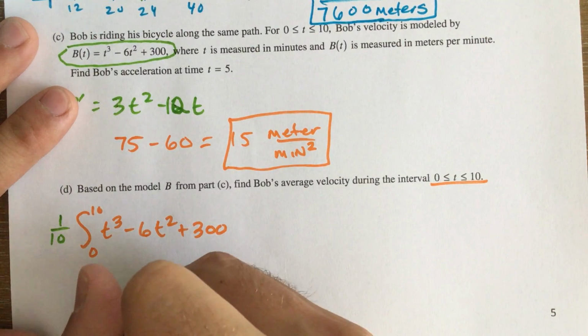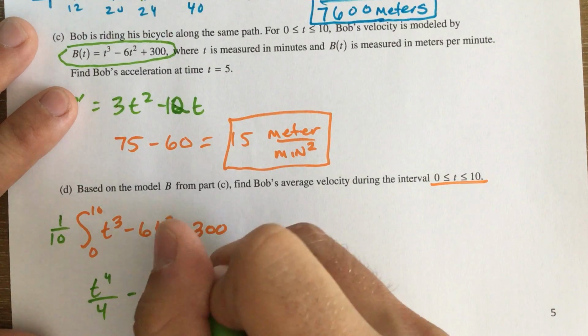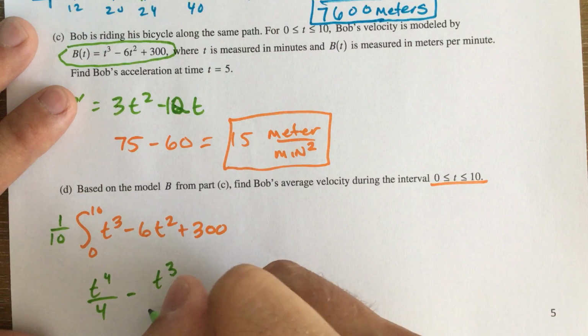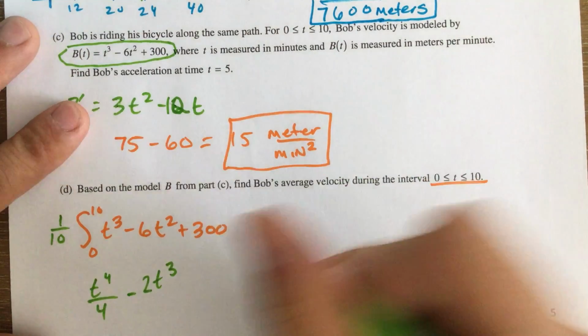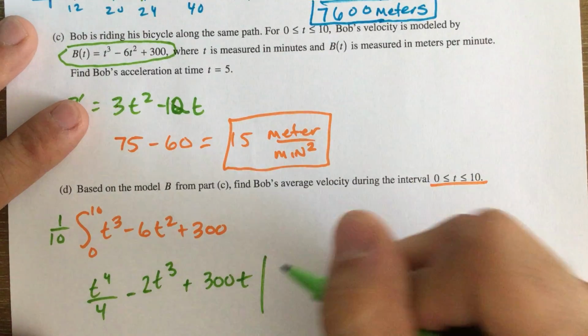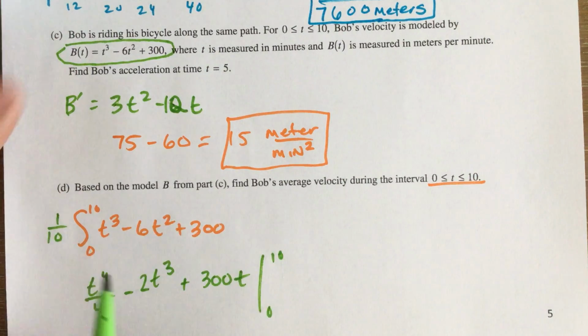So integrate this, it is going to be t to the 4th over 4 minus t to the 3rd, the 6 divided by 3, so it's just going to be a 2, plus 300t. Right, and I still have to plug in 0 to 10, and I still have to not forget about that divide by 10. Don't let me forget about the divide by 10.